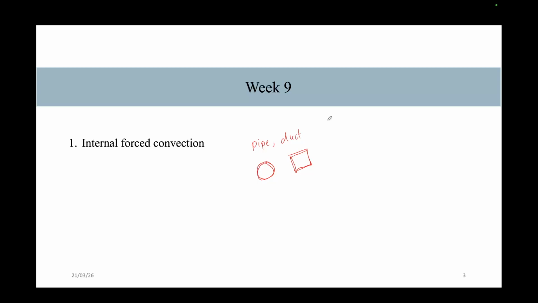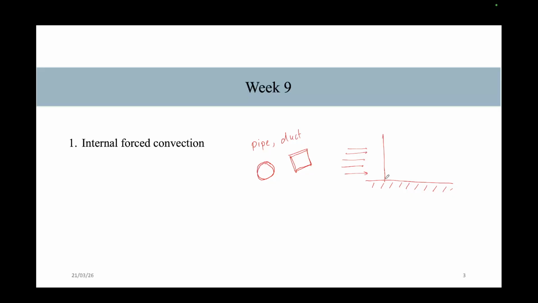Now I'm just recapping a few of the earlier concepts. Say this is a plate, and there is fluid flowing. You have two types of boundary layer: one is the hydraulic boundary layer and the other is the thermal boundary layer. The hydraulic boundary layer is because of the gradual change of velocity with respect to the wall, which is known as the no-slip condition.